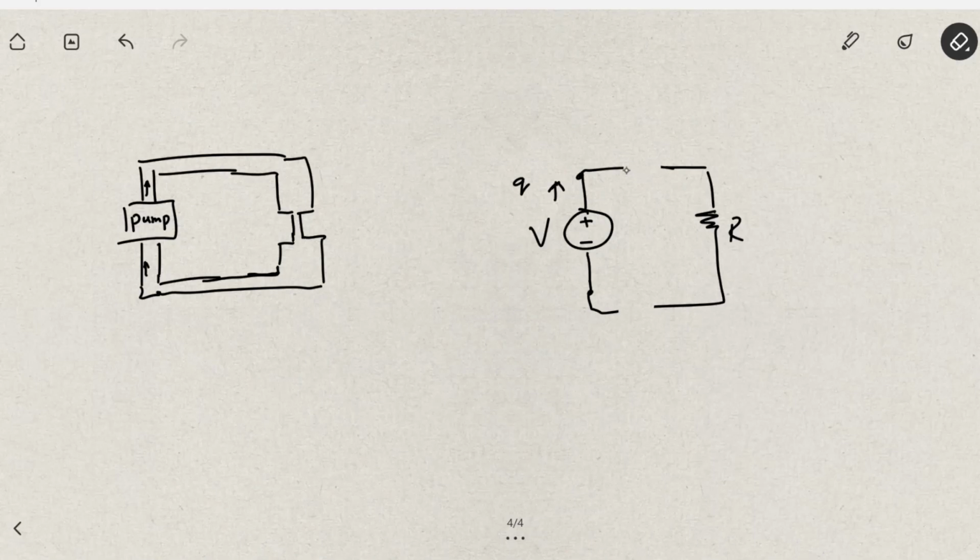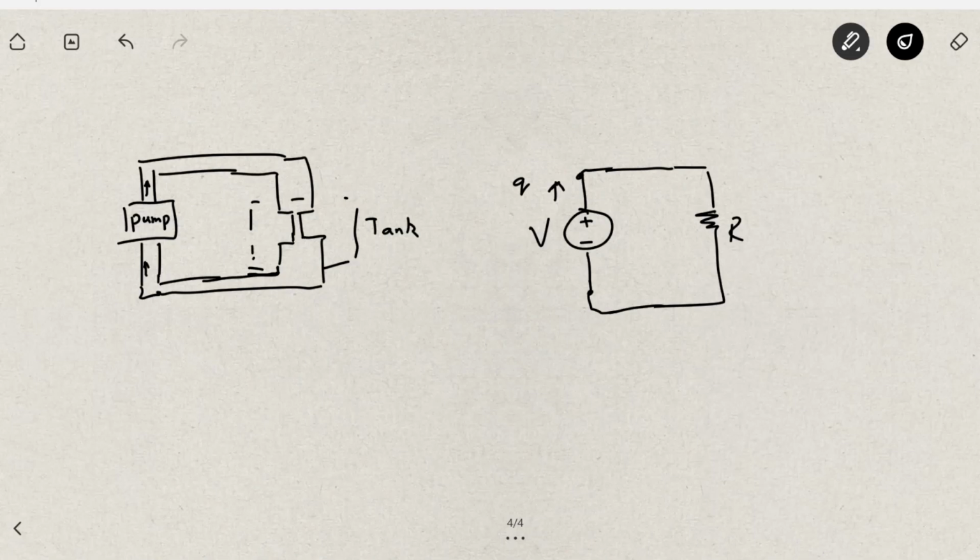But once the circuit is complete, say for example you have a tank here that contains water. Since this tank contains water, the pump is able to get water from some path and it will be able to push that water back.